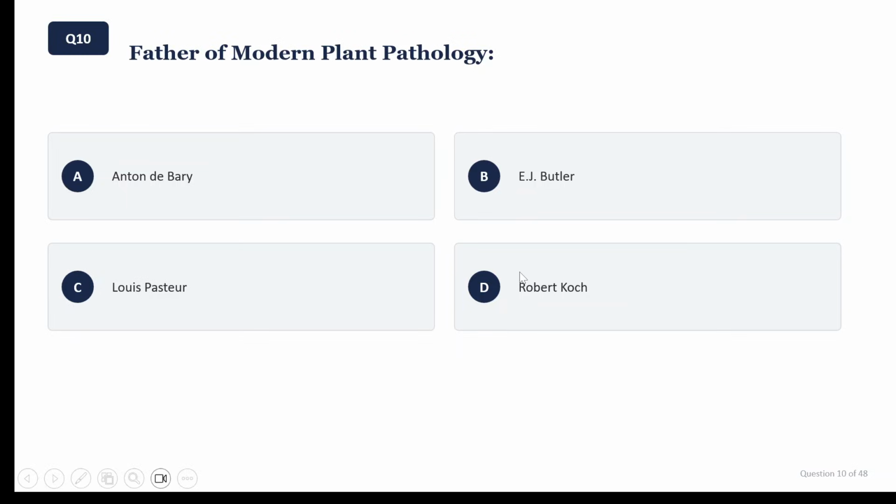Without wasting time, we will move forward. Robert Koch is the father of bacteriological technique. He gave Koch's postulates. Louis Pasteur is known as the father of bacteriology. These are sometimes contrasting, but I confirmed: Louis Pasteur, father of bacteriology, Robert Koch, father of bacteriological technique. If I got it incorrect, you can correct me in the comment section.